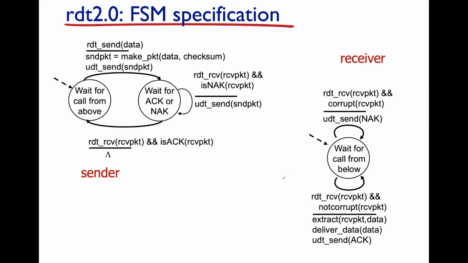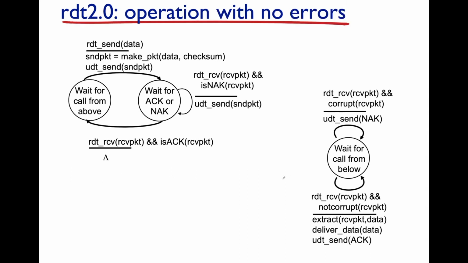And you notice here we have more states for the sender because we have to detect those error conditions. And so here we start out with the sender on the left. Let's look at the operation. We start out, wait for a call from above. We get the RDT send for the sender, so we get a message, a socket send call from the application layer above.